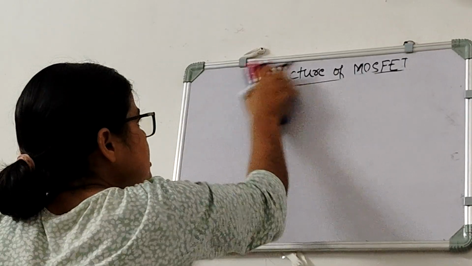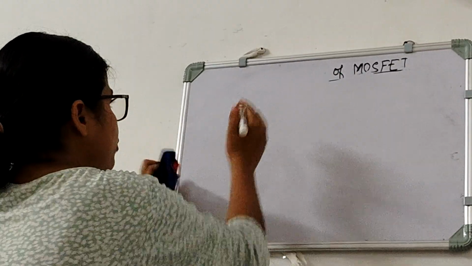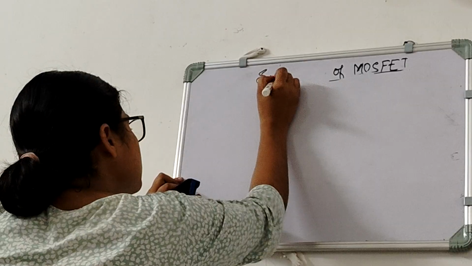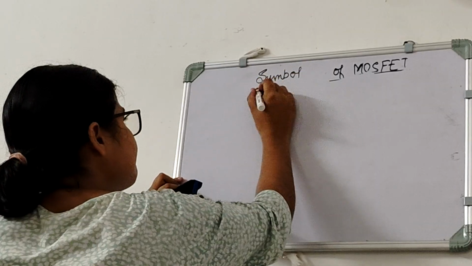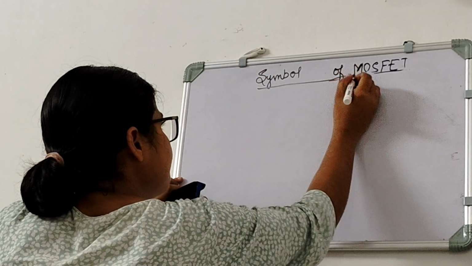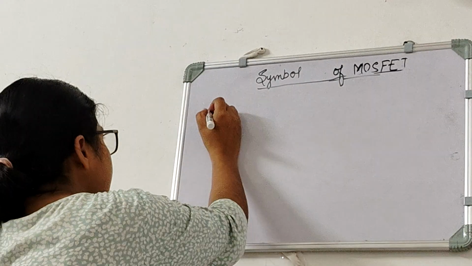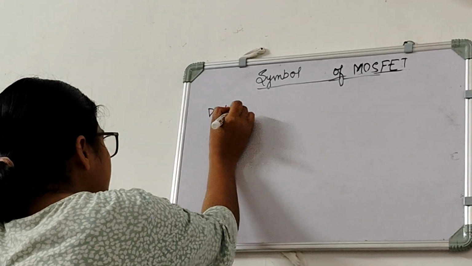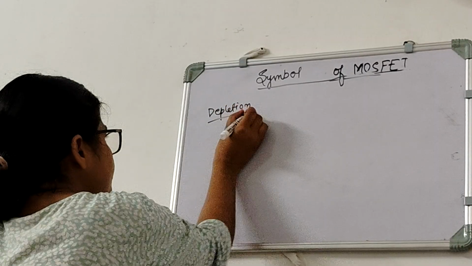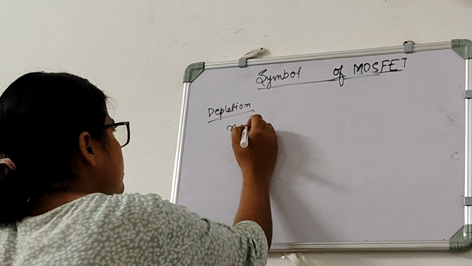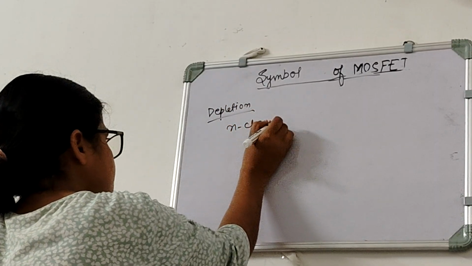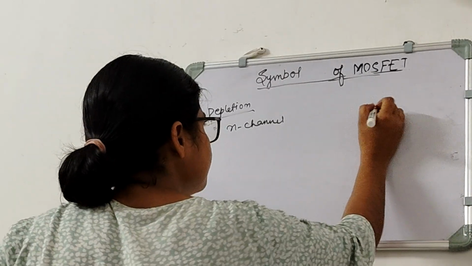Now we will see the symbol of MOSFET. So first we will see the symbol for depletion type. And in depletion type, we know that we have two, that is N channel, another is P channel.